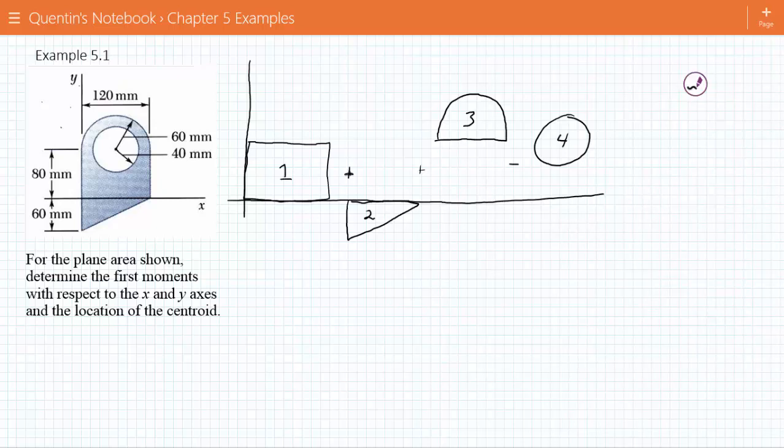So what I'm going to do is turn around and make a table. This is how I would suggest doing this, and then I'm going to switch over to Excel in a second. So the body, and we're going to have the area.